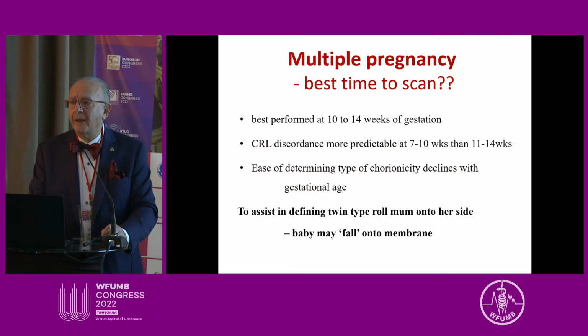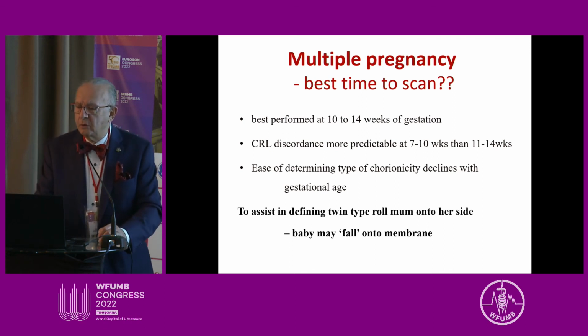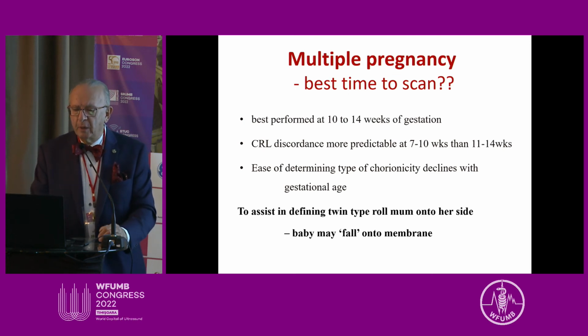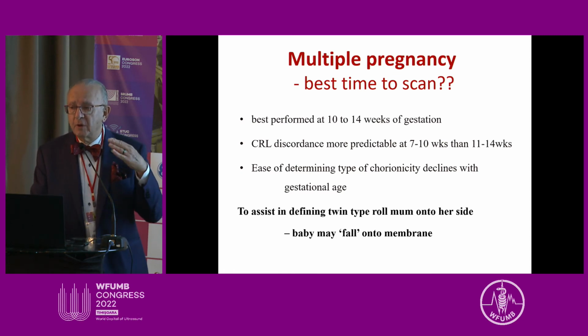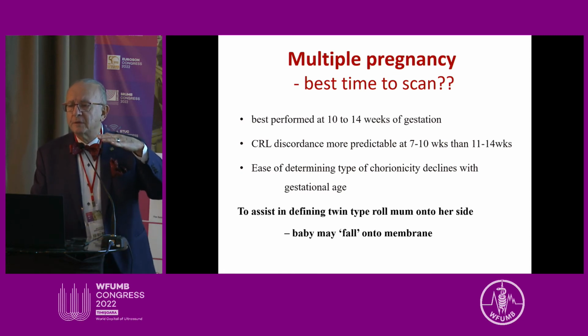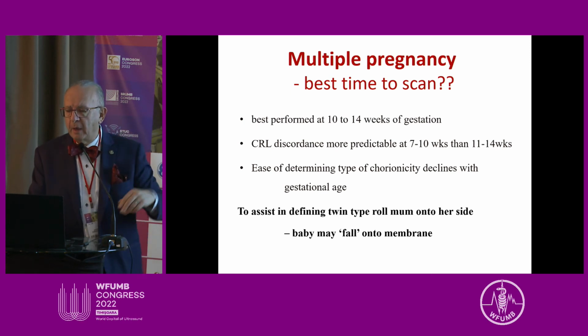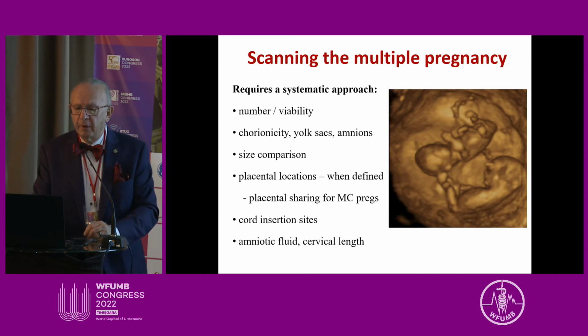Sometimes it helps to roll the mother on her side to cause the fetus to fall on the membrane. That helps you see the membrane, because obviously if there is a membrane and you turn the mother on the side, the fetus will drop but stop at the membrane. That may help you to see the actual membrane.